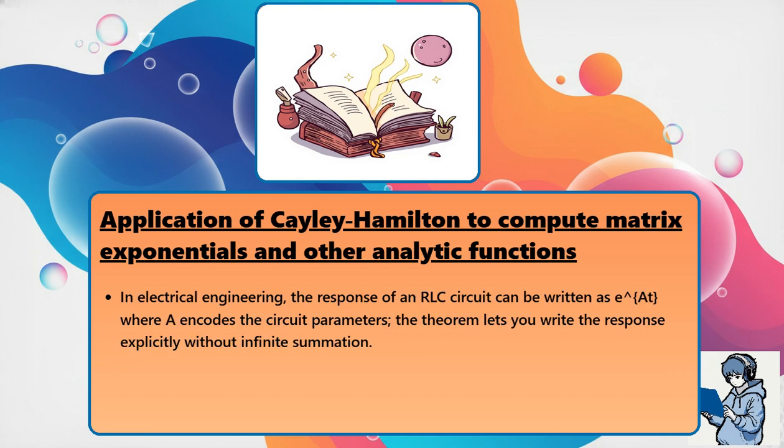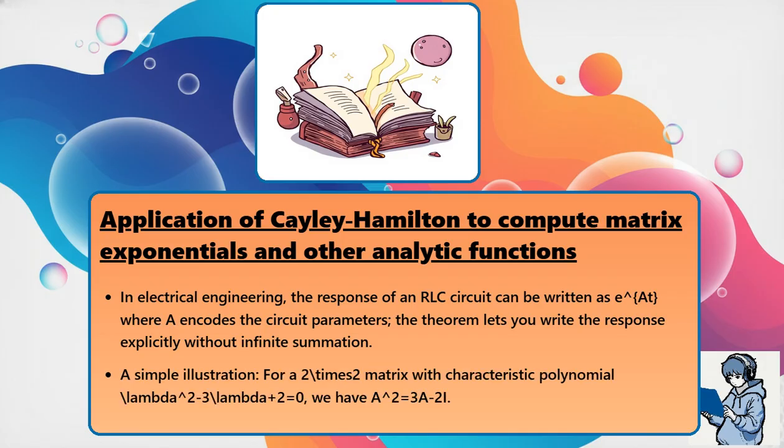In electrical engineering, the response of an RLC circuit can be written as e^{At}, where A encodes the circuit parameters. The theorem lets you write the response explicitly without infinite summation. A simple illustration: for a 2 by 2 matrix with characteristic polynomial λ² − 3λ + 2 = 0, we have A² = 3A − 2I.